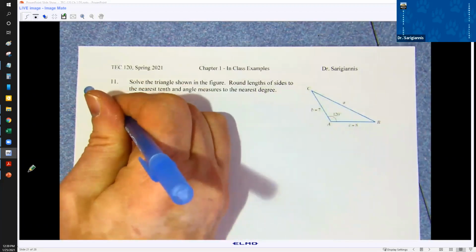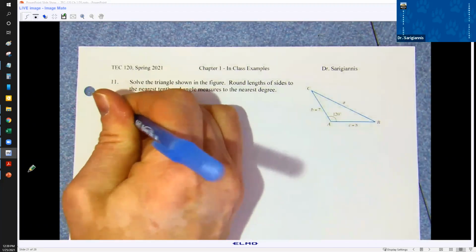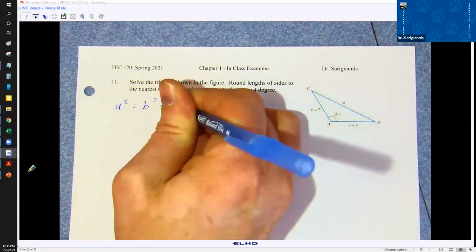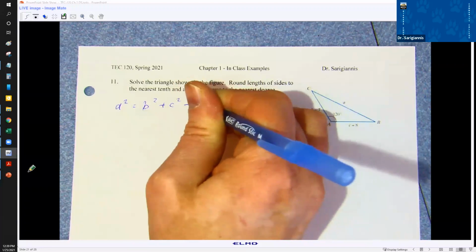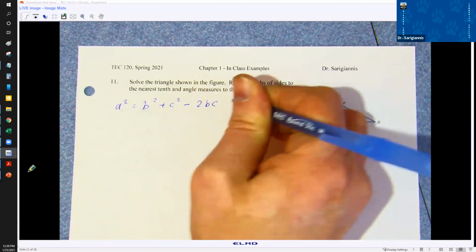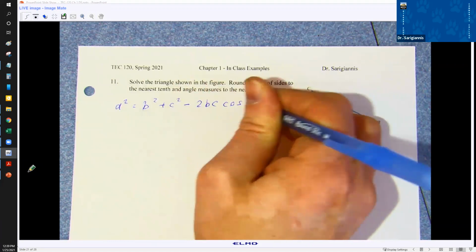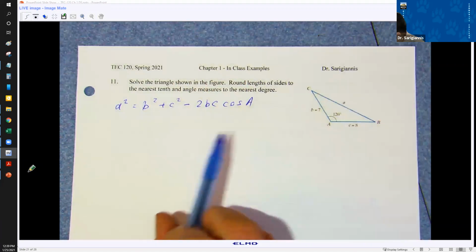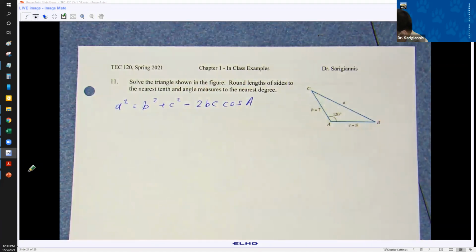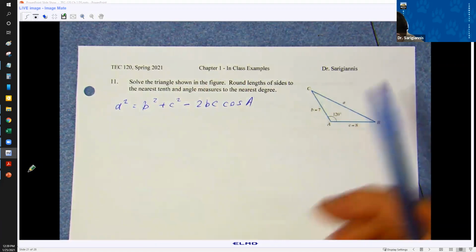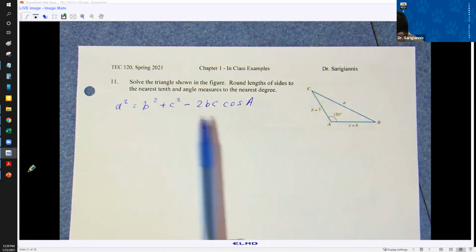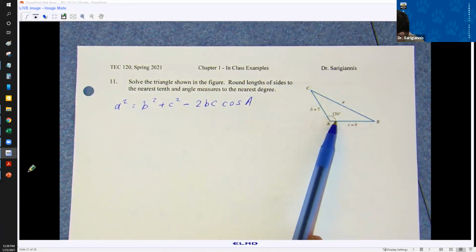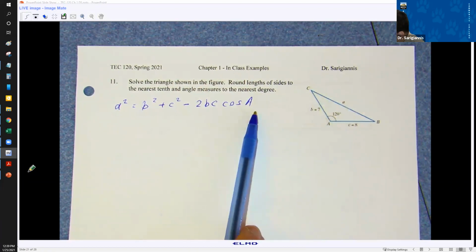And let's just write this out. So I'm going to write out the general equation. A squared equals B squared plus C squared minus 2BC cosine A. Now, I want to point out here, you guys remember the sine and cosine of 90, right? If this angle was 90 degrees, the cosine of 90 is 0, right?